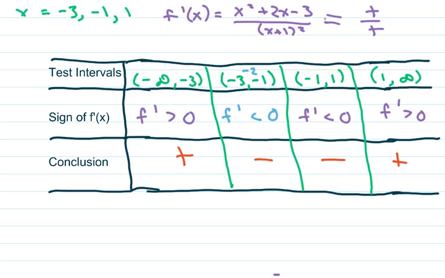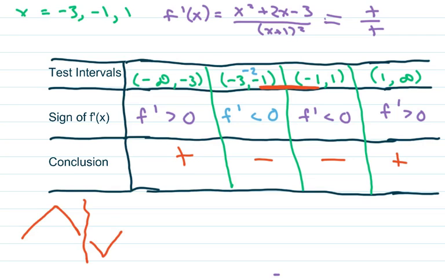And recall that negative 1 is a discontinuity. So we have increasing, then decreasing. Then I have some asymptote there. Then it's decreasing and then increasing. So I don't know exactly what the graph looks like, but that's what's happening.